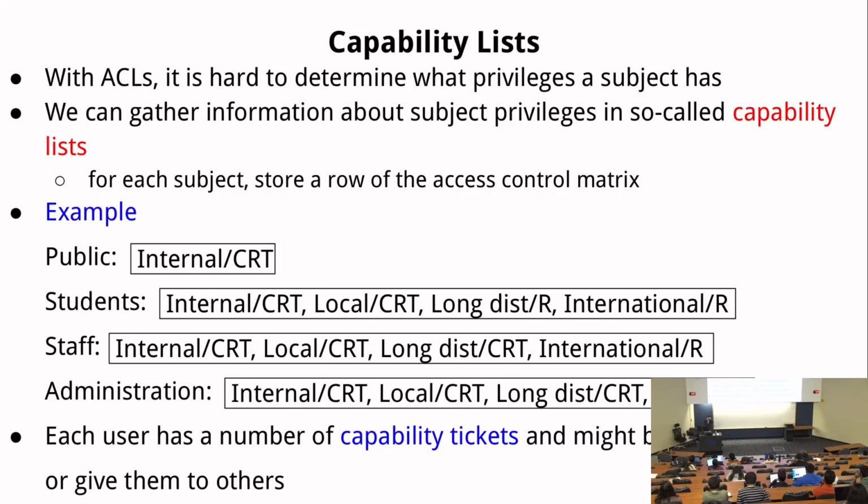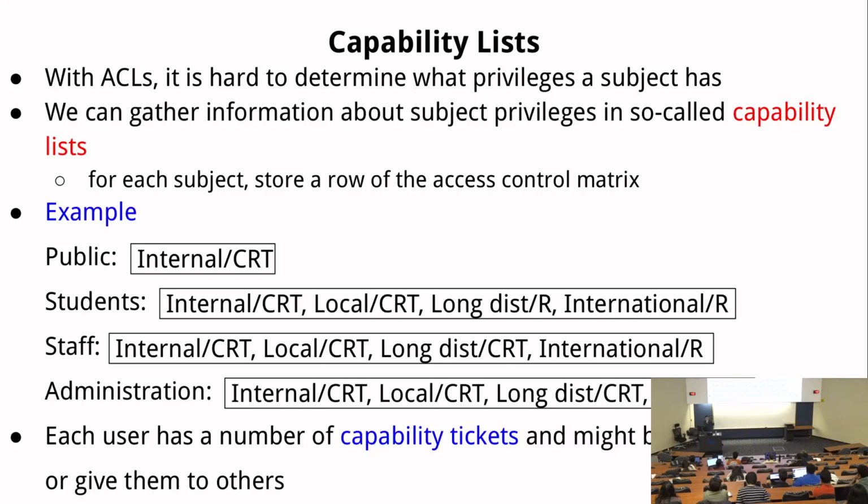So another approach is we do it in a reversed way. This we call a capability list. It's not an access control list. It's a capability list. Basically, for each subject, we store the row of that access control matrix.